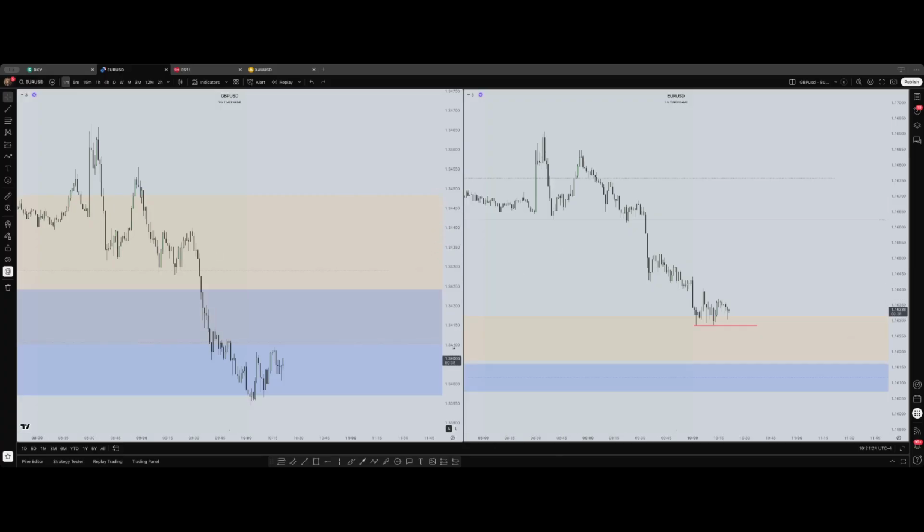So I like how GBP USD performs now. It breaks the structure here. But this is a very tiny confirmation. I want displacement, momentum. I want a stronger confirmation.